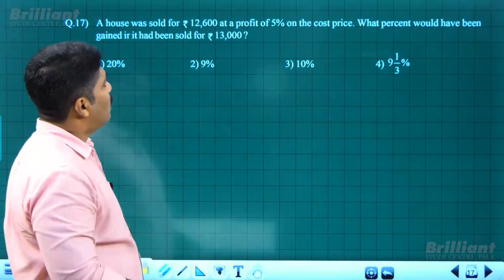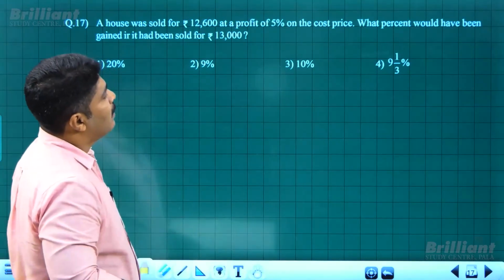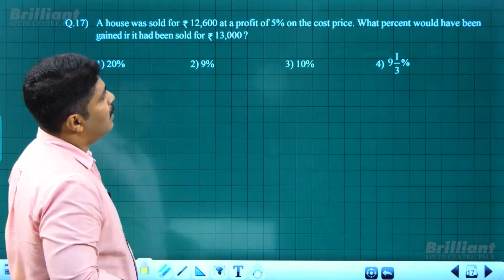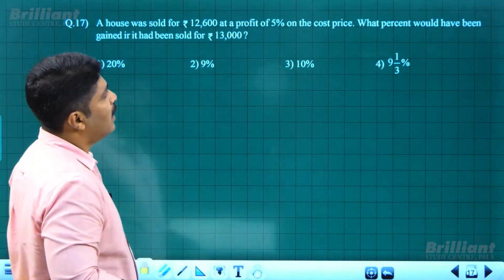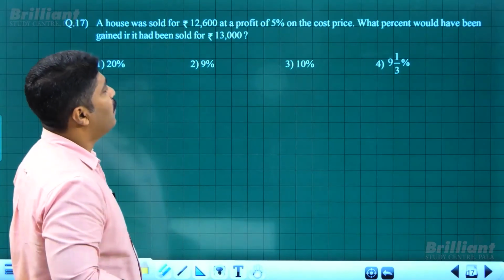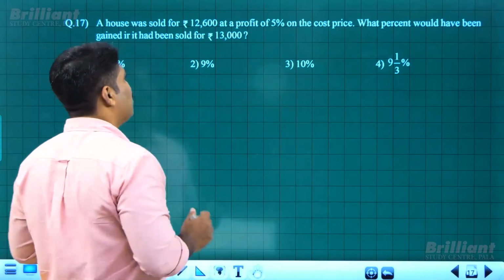A house was sold for 12,600 at a profit of 5% on the cost price. What percent should have been gained if it had been sold for rupees 13,000? So that's a direct unitary approach.